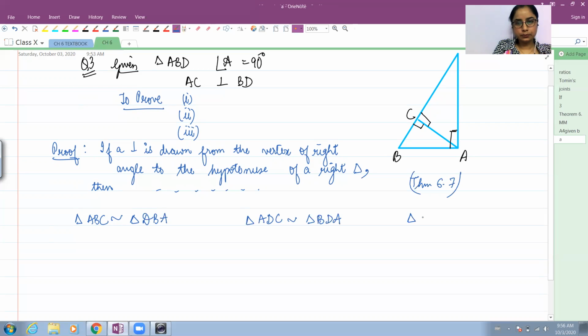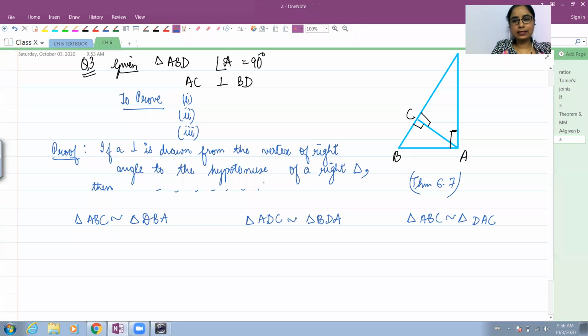That will be triangle ABC, similar to triangle DCA. Check again.